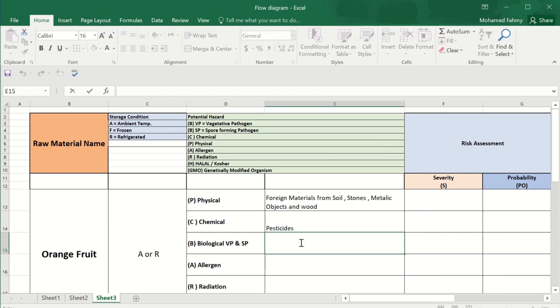What are the biological hazards, either the vegetative pathogen or spore forming?